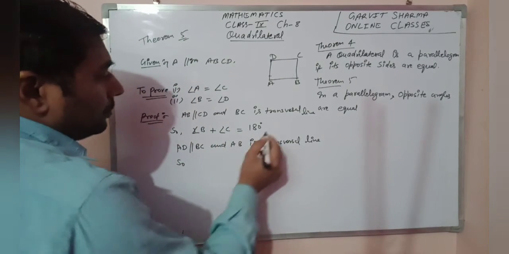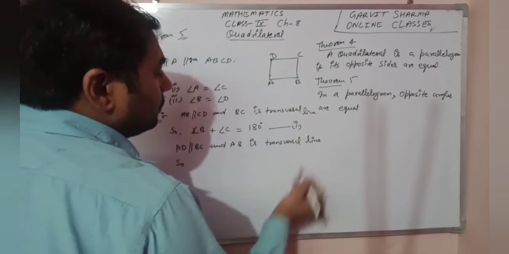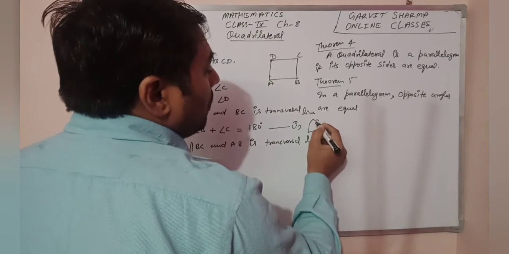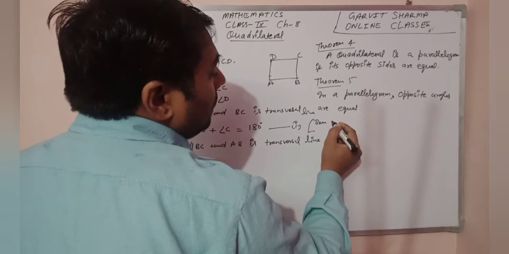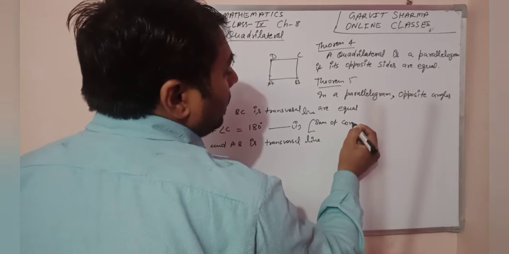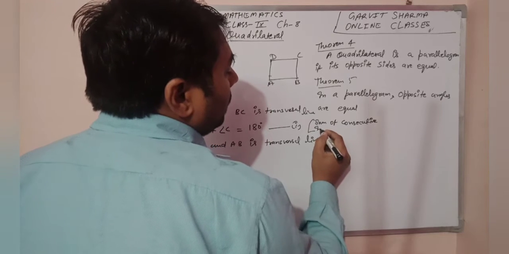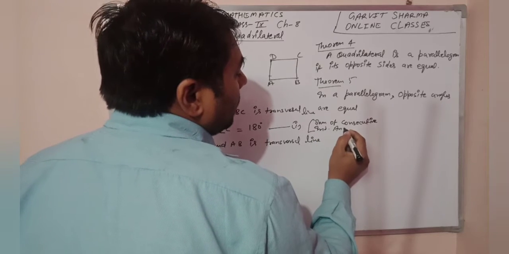So this is your first equation. You will have to write here the sum of consecutive interior angles.